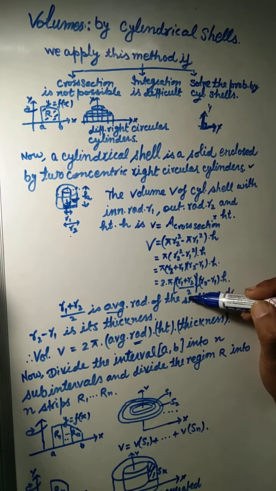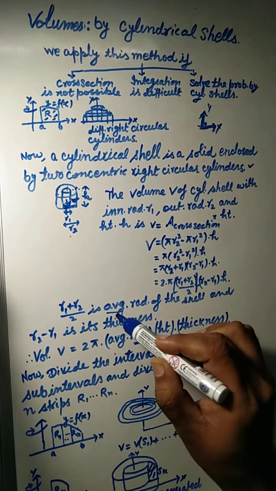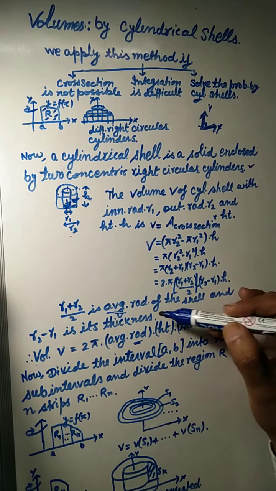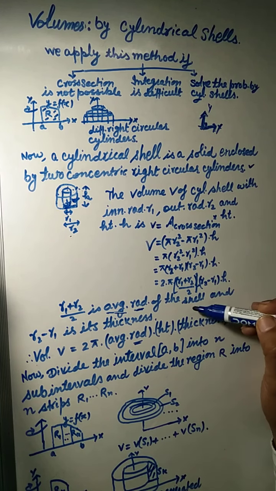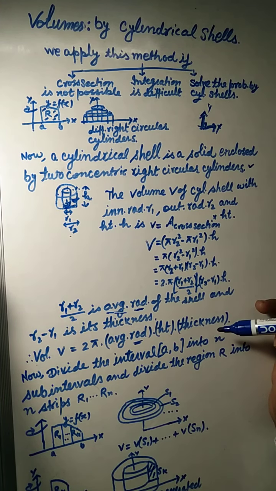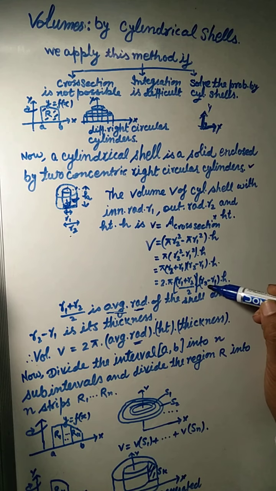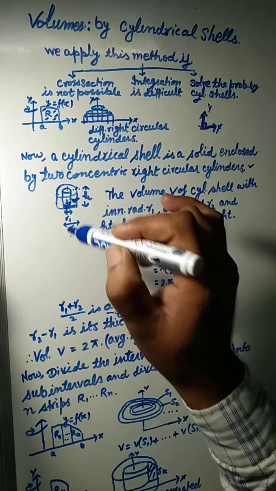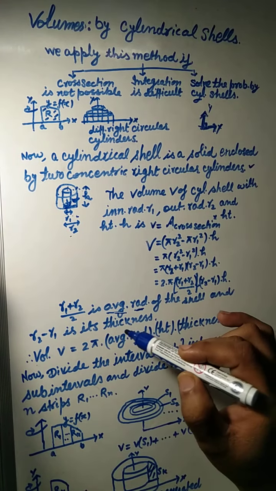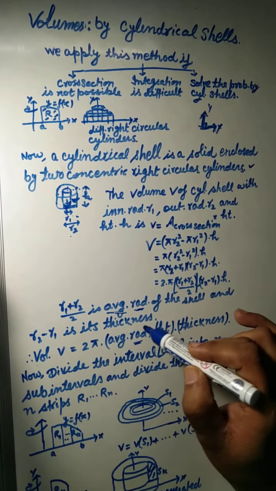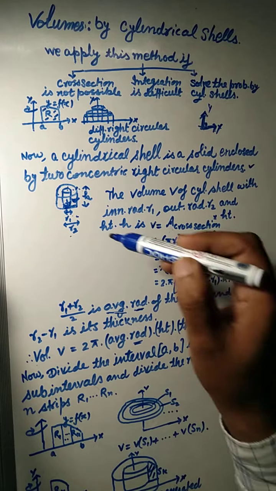This (R1 plus R2)/2 is known as average radius. This is the average radius of the shell. And this R2 minus R1 will give us this portion. This is known as thickness of the shell.